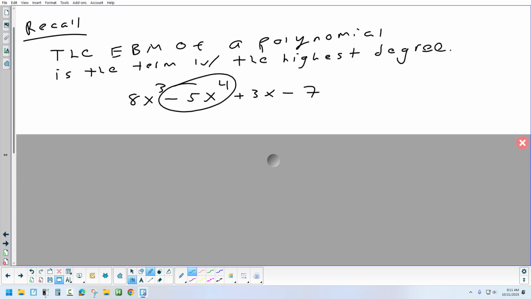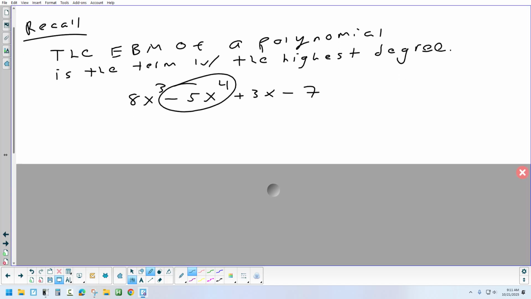Now I want to look at what happens when we have a rational function. For a rational function, you're actually going to have to find two EBMs.